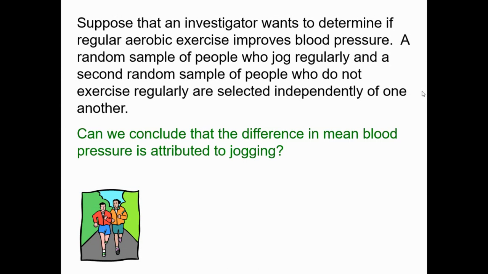If one group jogs and the other group doesn't, at the end of the study, can we say blood pressure is decreased by jogging? Or does a person's blood pressure depend on more than just whether they jog or not? Yeah, it depends on more. What about other factors like weight?